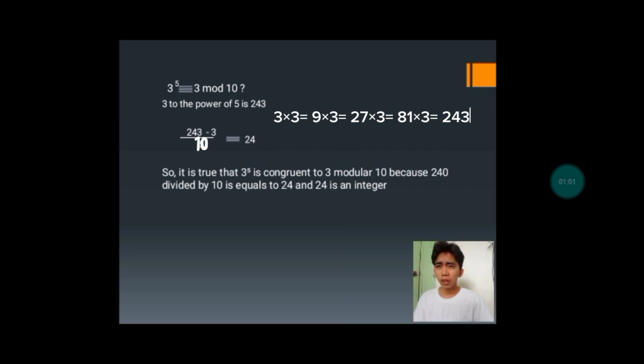So, 3 to the power of 5 is equal to 243. Then 243 minus 3 is equal to 240. 240 divided by 10 is equal to 24. So, it is true that 3 to the power of 5 is congruent to 3 modulo 10 because 240 divided by 10 equals 24, and 24 is an integer.